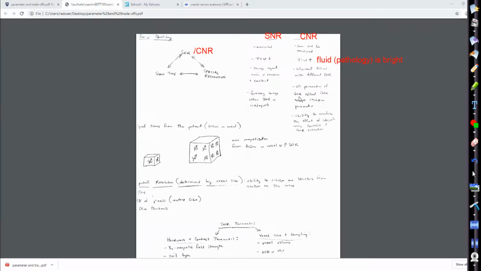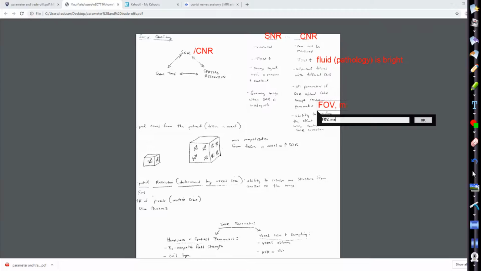All the parameters of SNR affect CNR except resolution parameters. So what are those resolution parameters? What determines voxel size? There's only three things. So how do you get your pixel size?